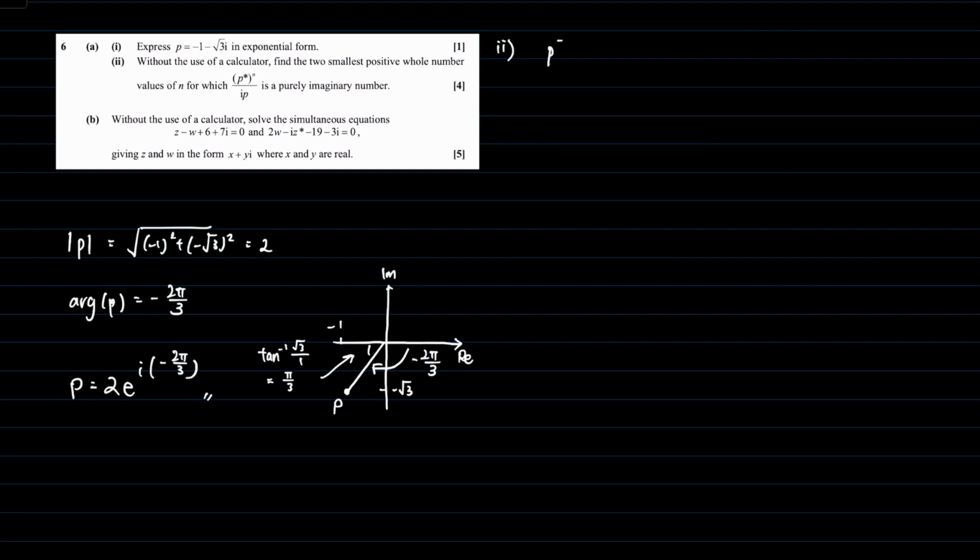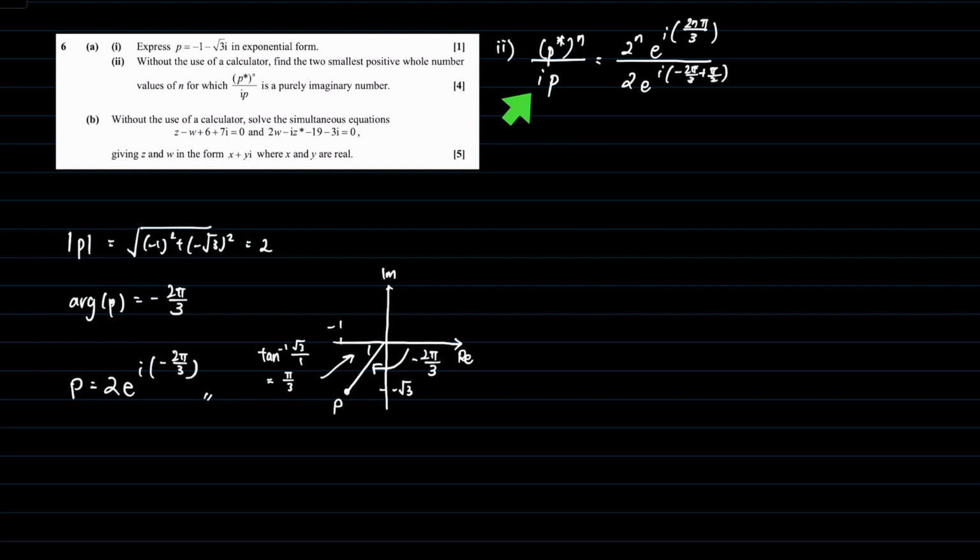So the conjugate of p to the power n over ip is equal to 2 to the power n e to the power of i(2nπ/3) over 2e to the power of i(-2π/3 + π/2).